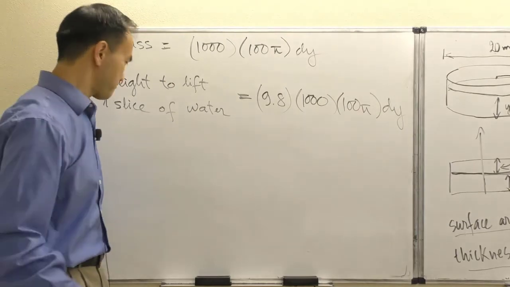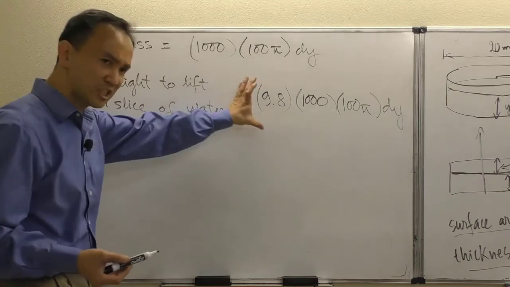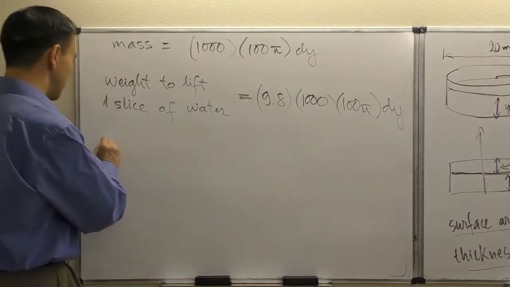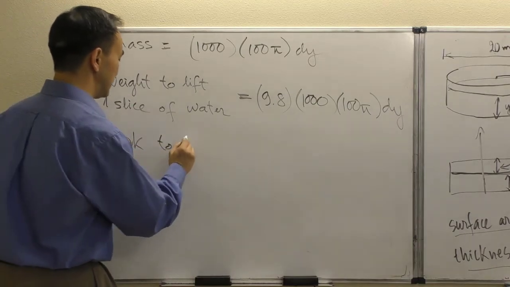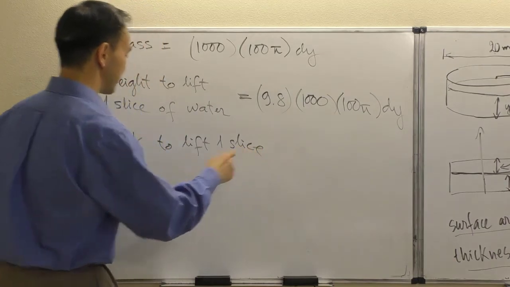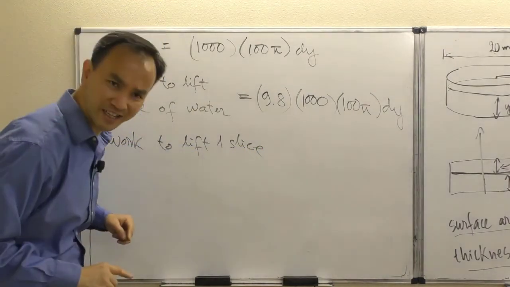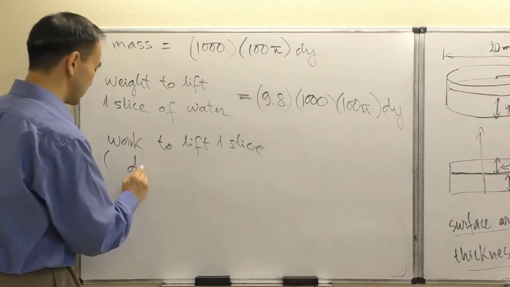Now, that means the little work amount. For one slice, how much work does it take, right? So work to lift one slice. And yes, ladies and gentlemen, I might use slightly different wording here, but this is just the little work amount I was talking about, or this is just the dW right here.